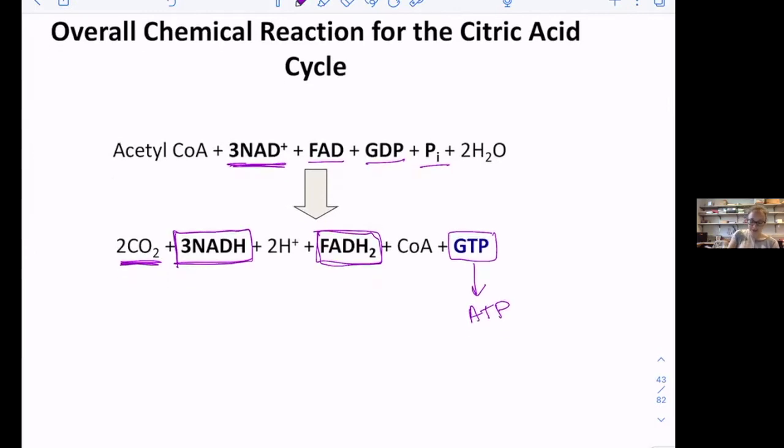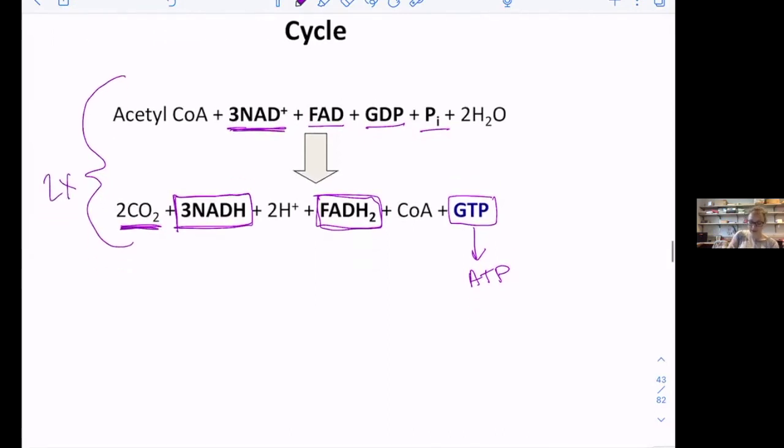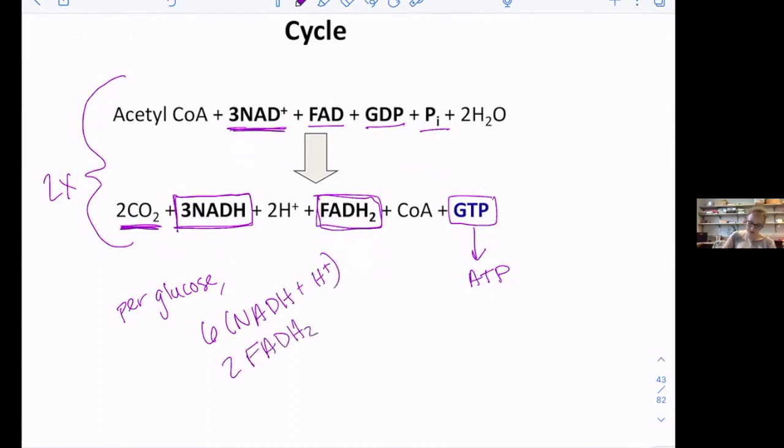For 1 molecule of glucose, this process happens twice, right? So for each glucose, we get 6 NADH plus H+, we get 2 FADH2s, and we get 2 ATPs.